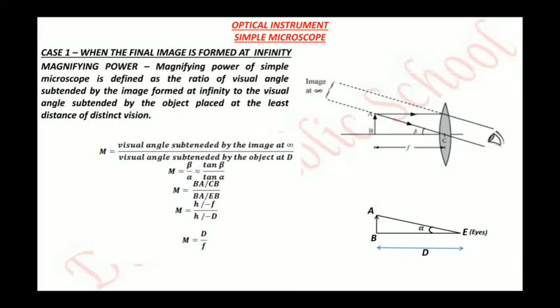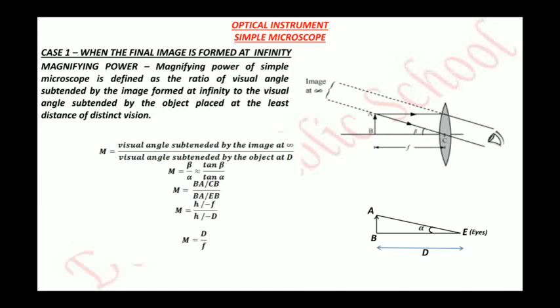Now, as you can see in the ray diagram, tan beta is equal to BA upon CB, whereas tan alpha in the second ray diagram, where the object is being defined, is given by BA upon EB. Now BA is replaced by h, CB is replaced by minus f because this time the object is at focus.